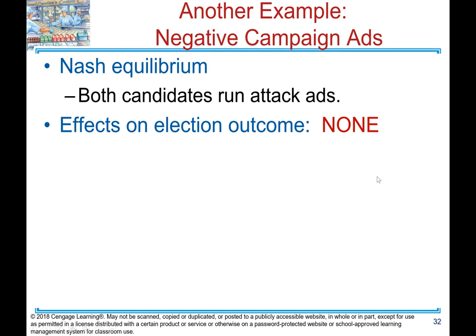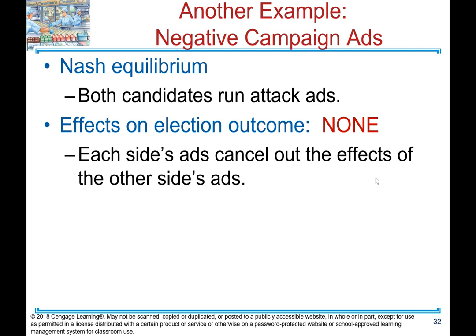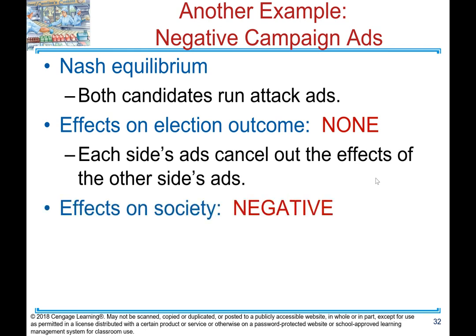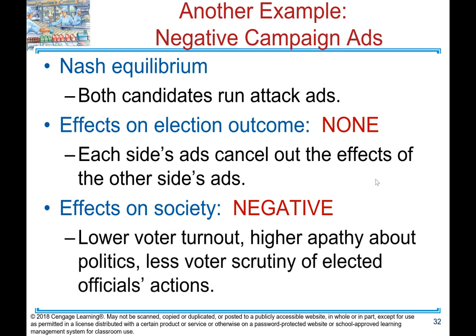Effect on election outcome? None. And they have spent a lot of money on the ads. Each side's ads cancel out the effect of the other side's ads. Effects on society are negative: lower voter turnout, higher apathy about politics, less voter scrutiny of elected officials' actions.